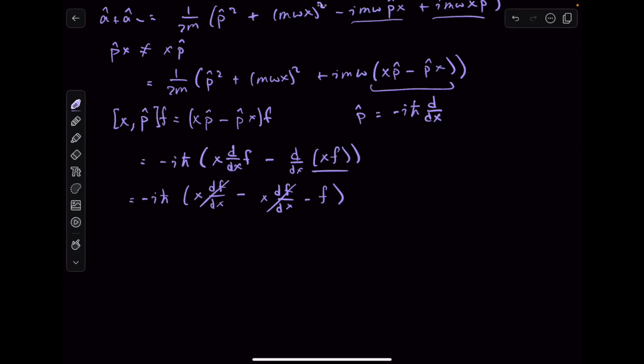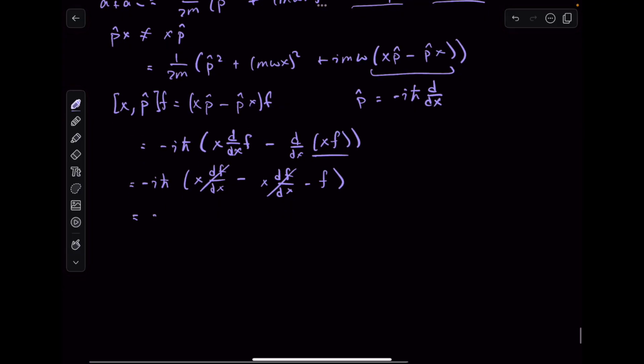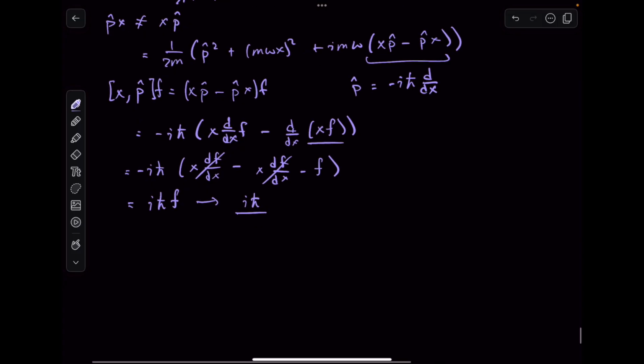So these two will cancel each other, and we have i h bar times our test function, which we can now get rid of. And this is the commutation between the position and the momentum.